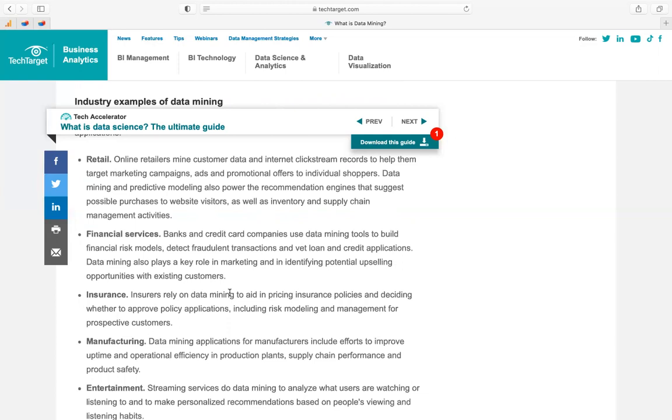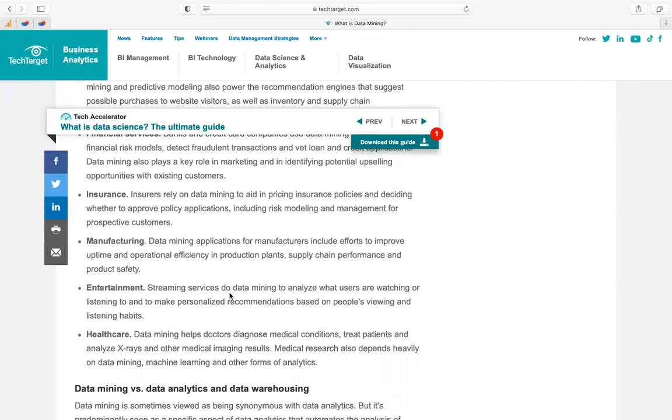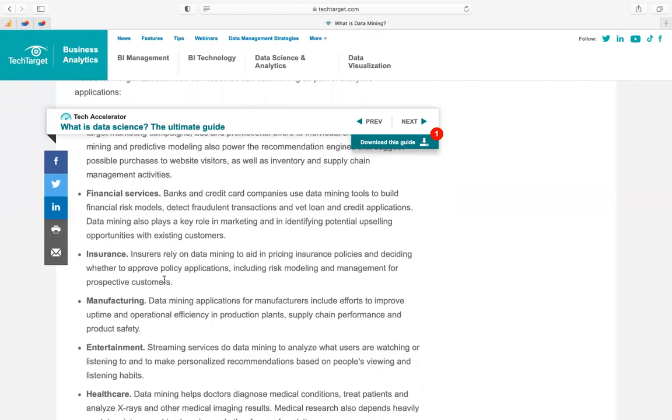You know the customers' ability to transact, their depositing ability, and so you can target them with your services. The next one is insurance. The insurance company also uses data mining to aid in pricing the insurance policies. They survey among customers and know which can be best among a particular group of people.